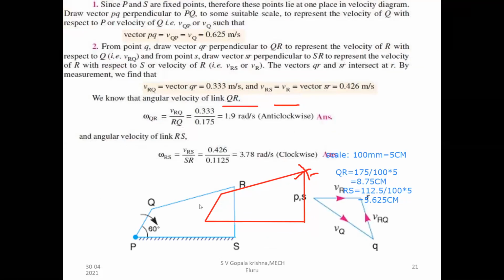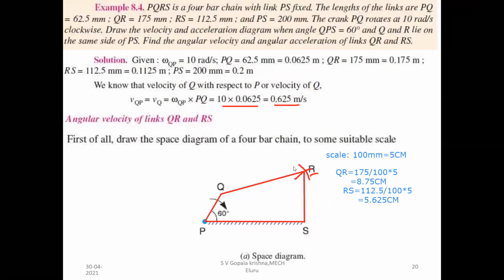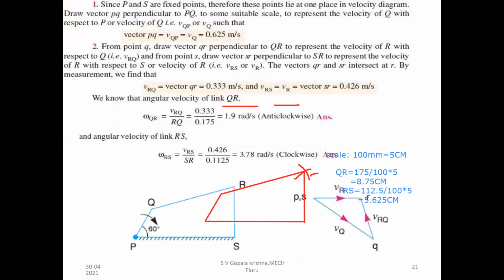Now we are going to see the velocity diagram. Only one velocity is known here, that is the PQ or QP velocity. From the QP velocity, you have to find out all the other links' velocities. Observe that.